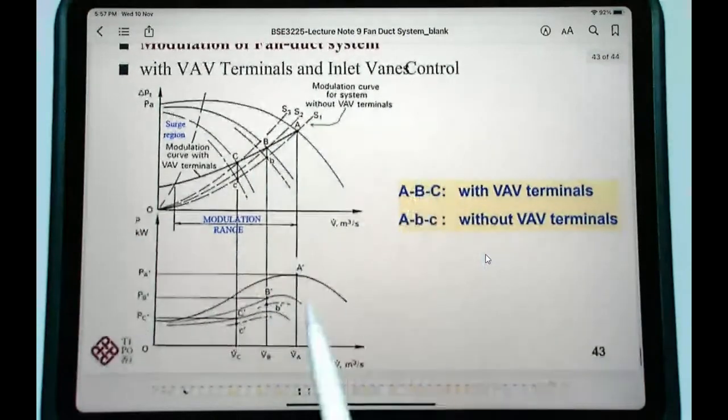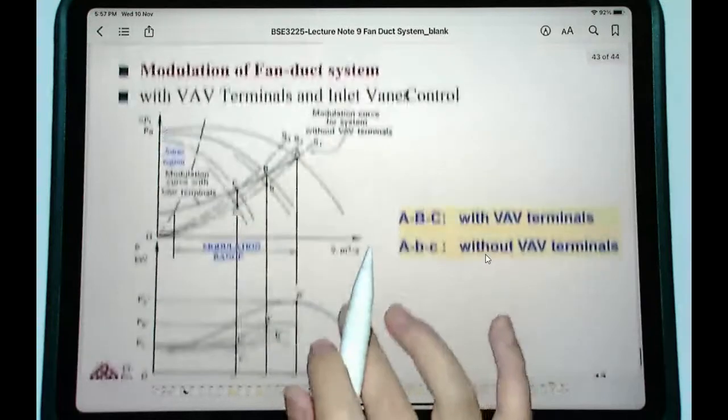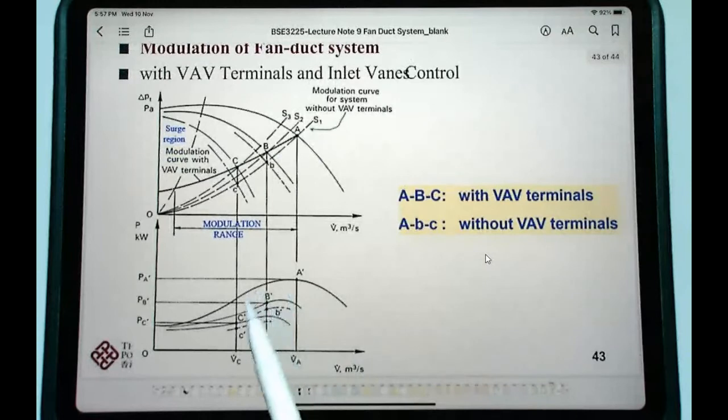So if it's without VAV terminals, then the inlet vane control will only change the fan characteristics.